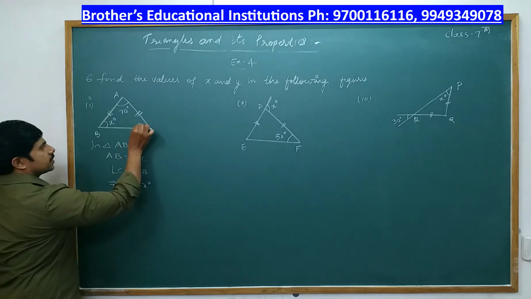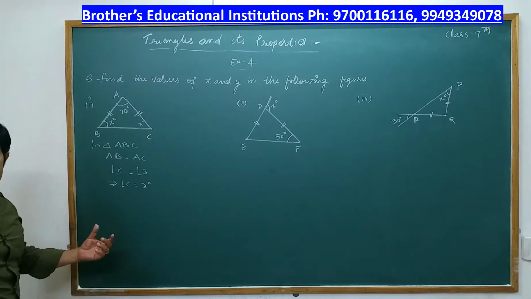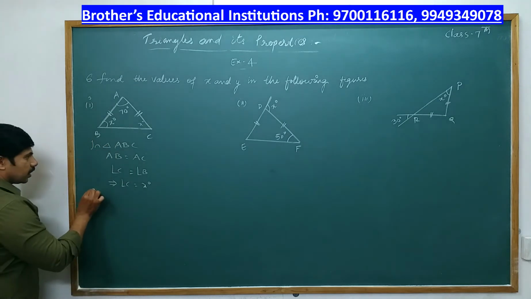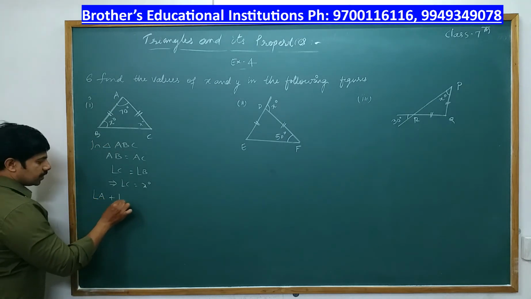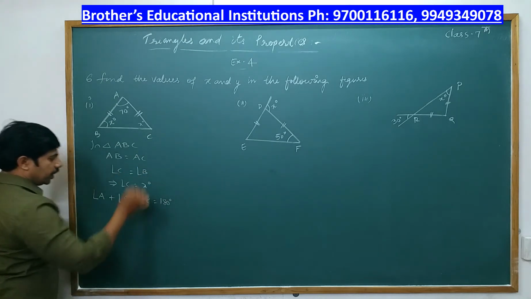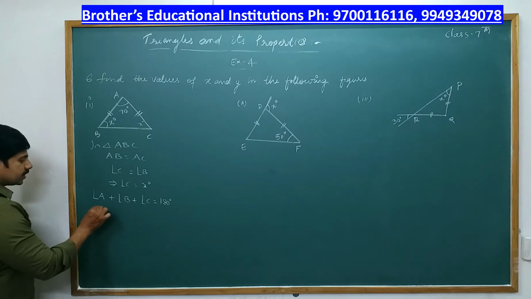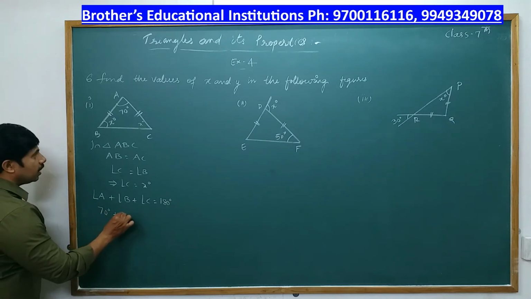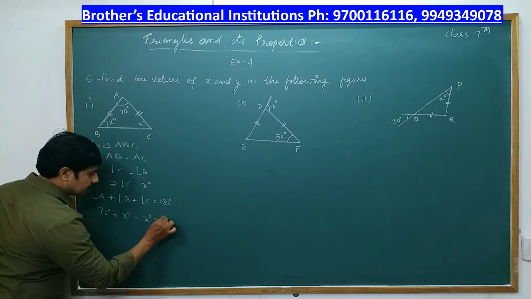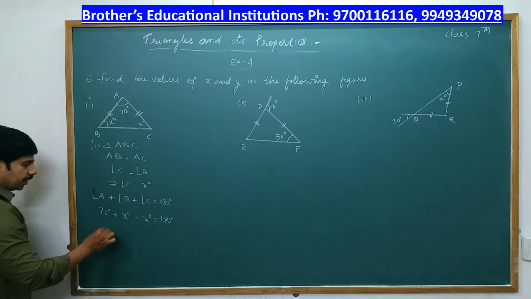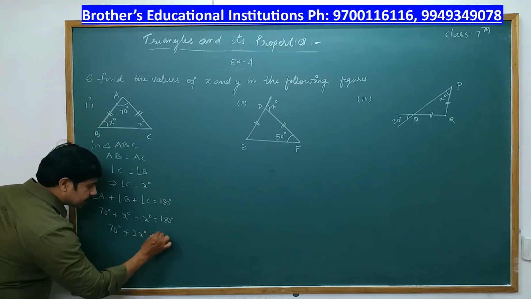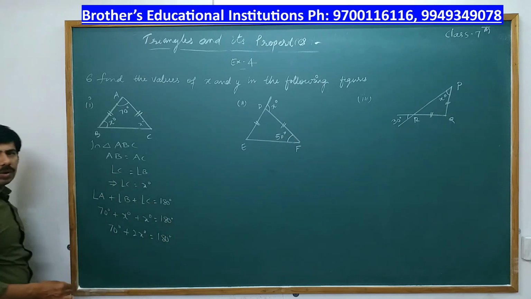So just write x. Now clearly, using the angle sum property, we can find out the value of x. Angle A plus angle B plus angle C is equal to 180 degrees. Angle A is 70 degrees, angle B is x degrees, angle C is also x degrees, equal to 180 degrees. So 70 degrees plus 2x degrees is equal to 180 degrees.